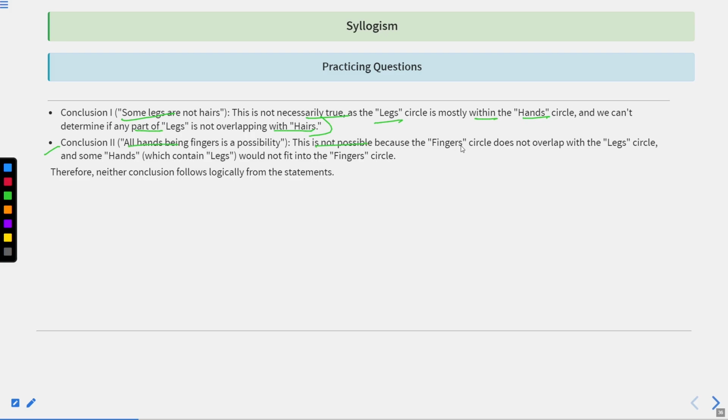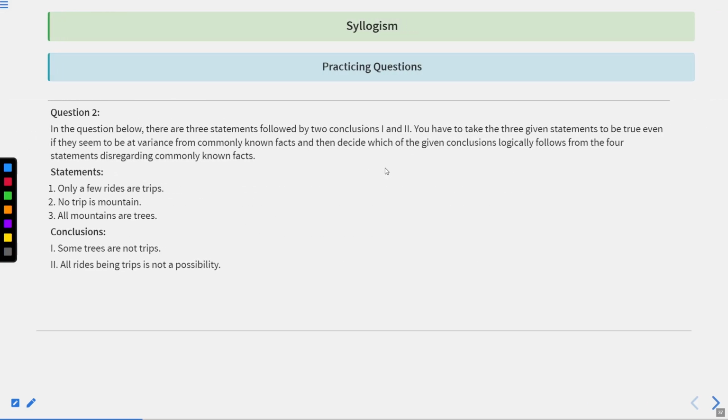This is not possible because the finger circle does not overlap with the leg circle, and some hands which contain legs would not fit in the fingers circle. Okay, so since there is no linkage, that particular statement is not true.